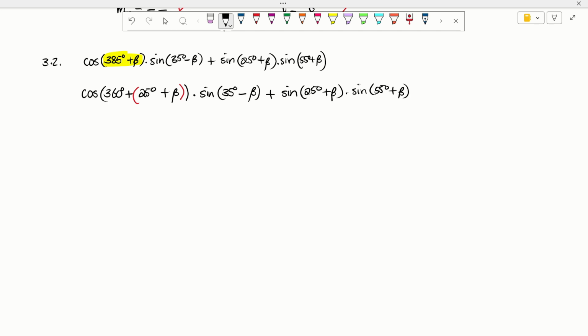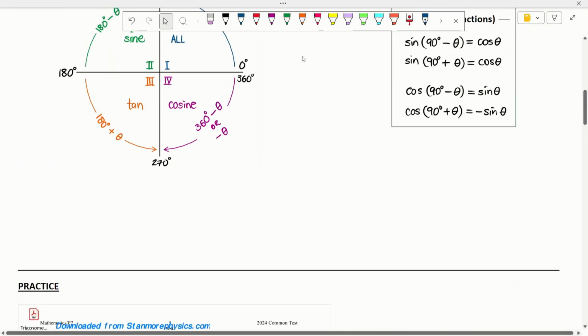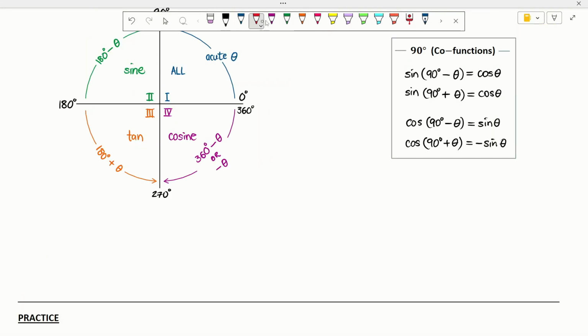Okay, then cos of 360 plus some angle is the same as reducing cos of 360 plus theta. And if we go to the reduction formula, you'll see that 360 plus any angle will take you to the first quadrant.